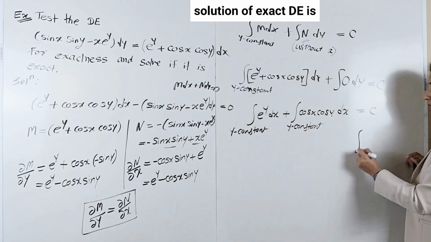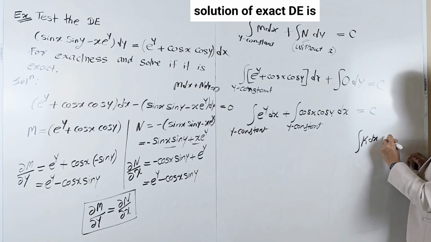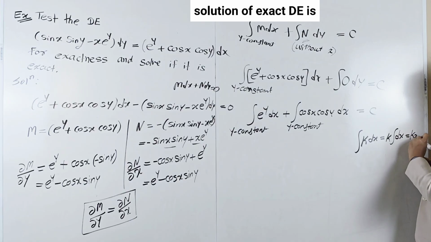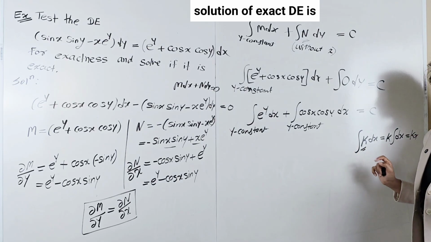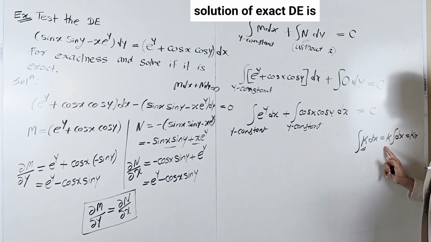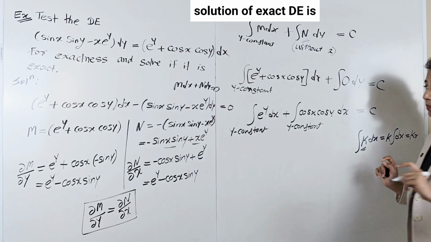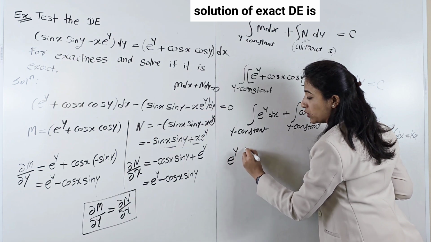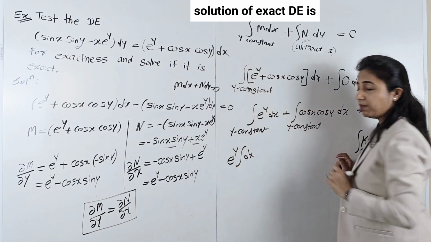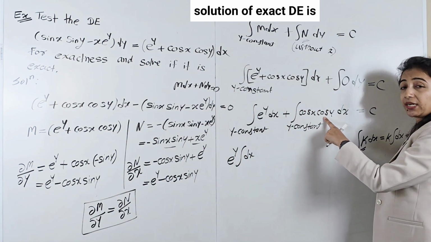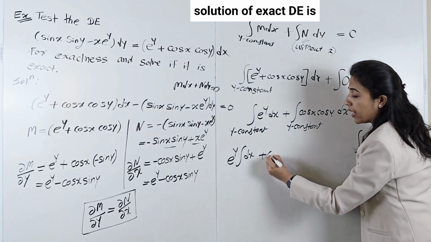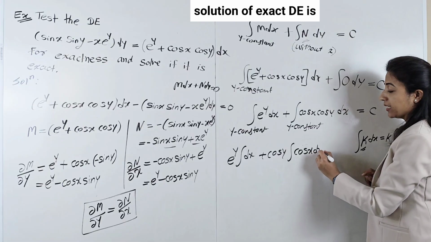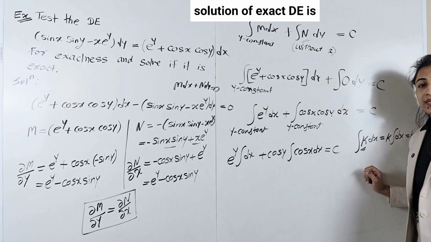When we are taking the integration of a constant, we can write k outside, and the integration of dx is kx. So when there is any constant in the multiplication, we can write that constant outside the integral. So here e^y is constant, so we can take e^y outside, and the remaining is the integration of dx. And here the constant term is cos y, so we can take cos y outside, and the remaining is the integration of cos x dx, equal to the integrating constant c.